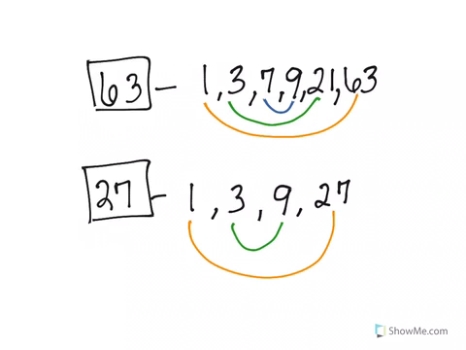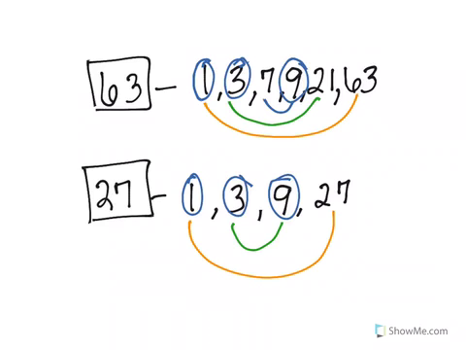What's the number that they have in common? Well, they have 1 in common. They have 3 in common. And they have 9 in common. But remember, guys, it is called the greatest common factor. So you want the one that's the biggest. So 9 is the biggest number that 63 and 27 have in common.